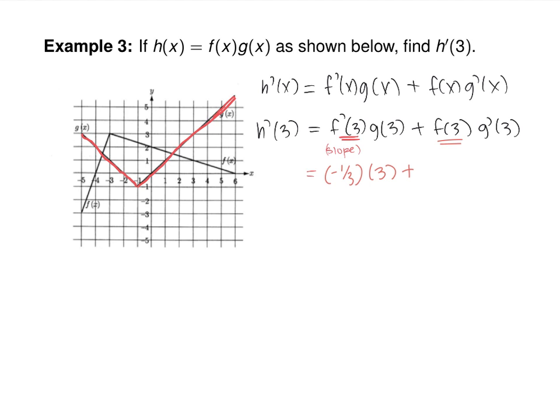It's the y value when x is 3 on the f function. So x is 3, the y is 1. And then what is g prime of 3? What's the slope of g at 3? 1. So I believe this ends up being 0 in the end. Yeah. Negative 1 plus 1 is 0.